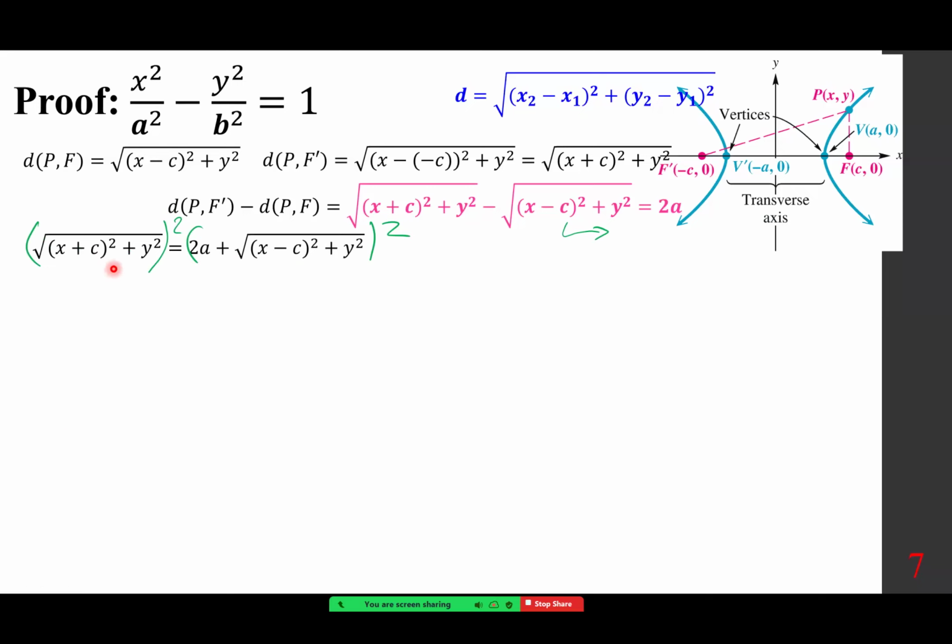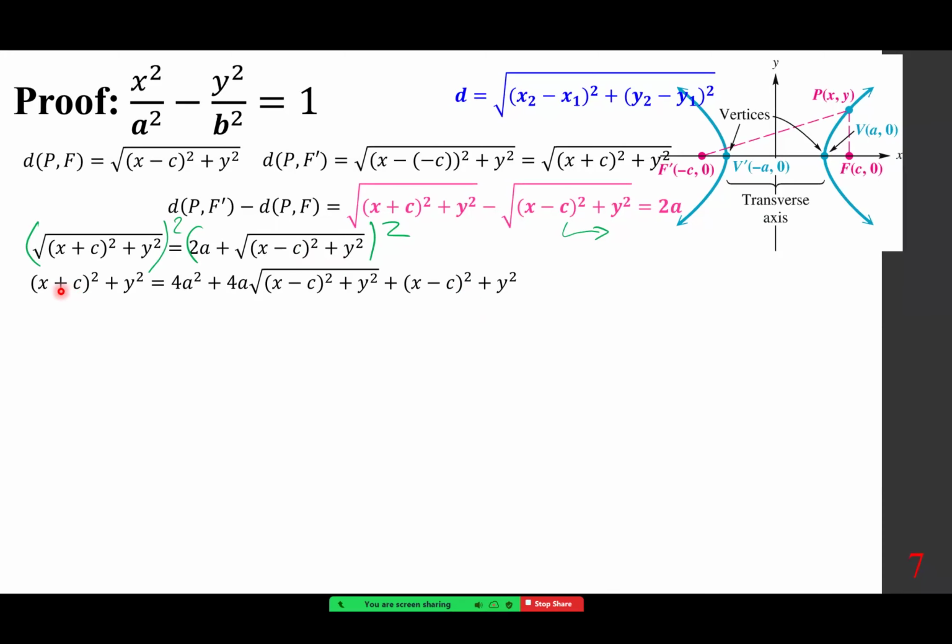So this simply comes out. This becomes 4a squared. Then 2 times this one and that one, that means 4a times the square root, and this comes out. All you have to do is square, simplify, and collect like terms.